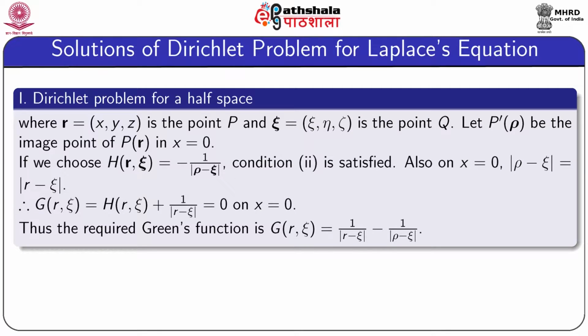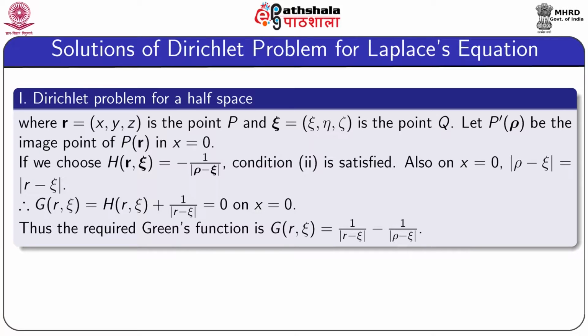Now, let us consider r a fixed point in the xy plane, which is denoted by the point P, and xi is a variable point in the space, and xi has the components xi, eta, zeta, and which is the point Q. Now, we want to find the expression for Green's function using the method of image.